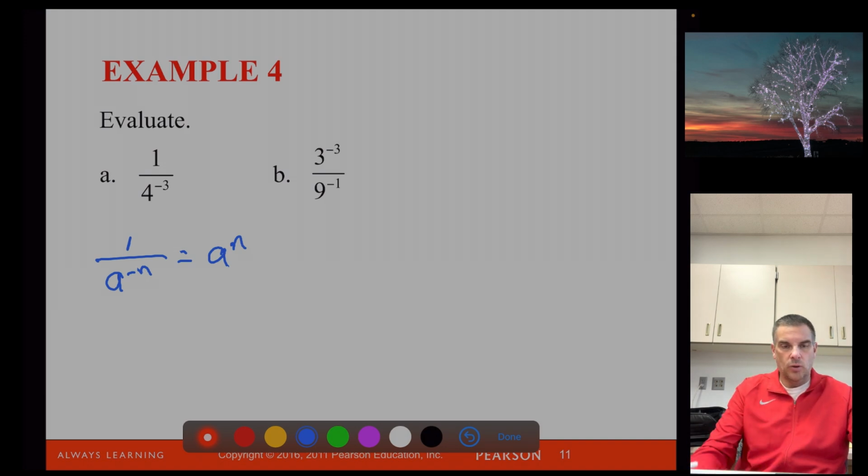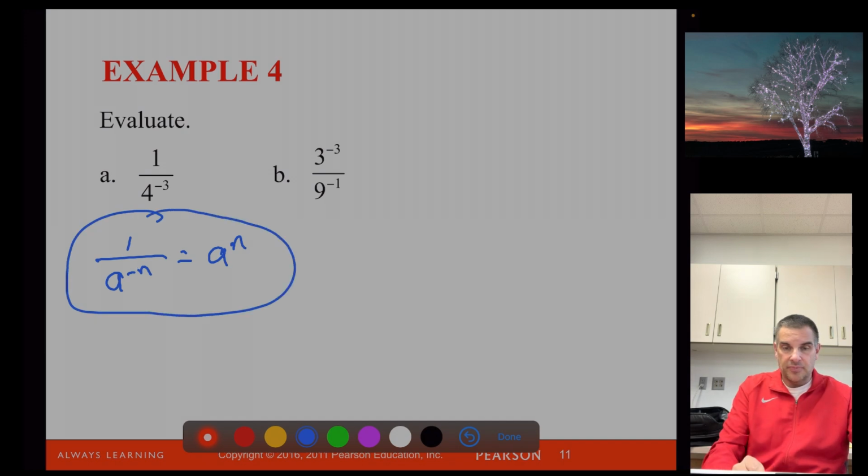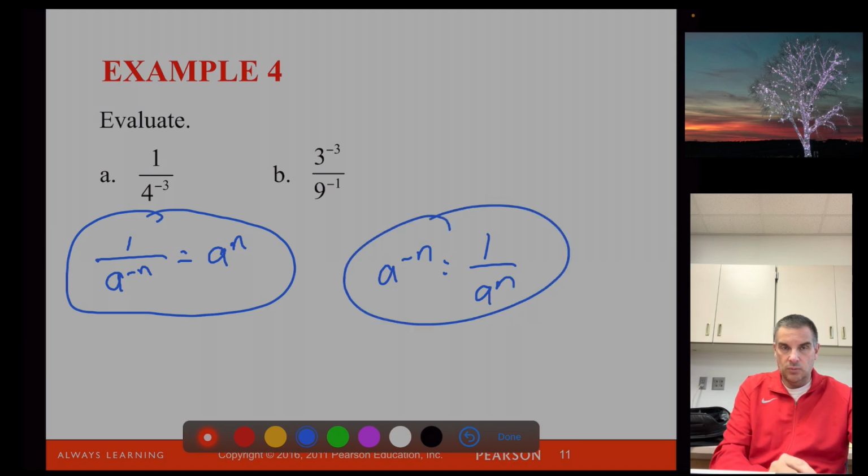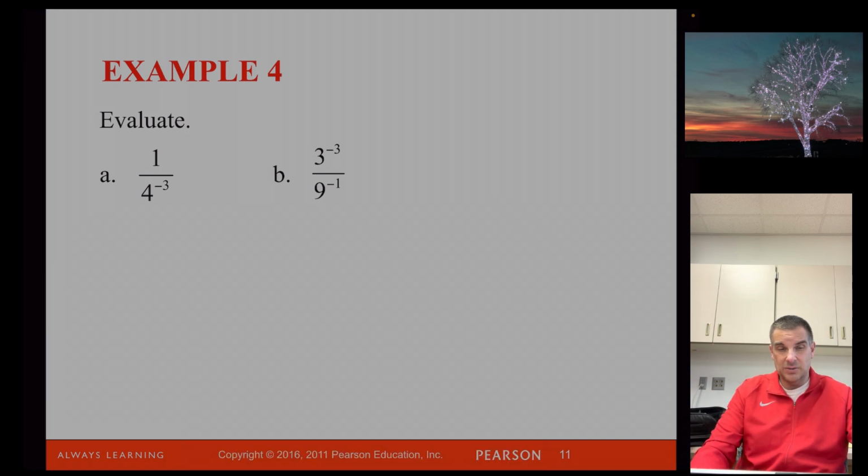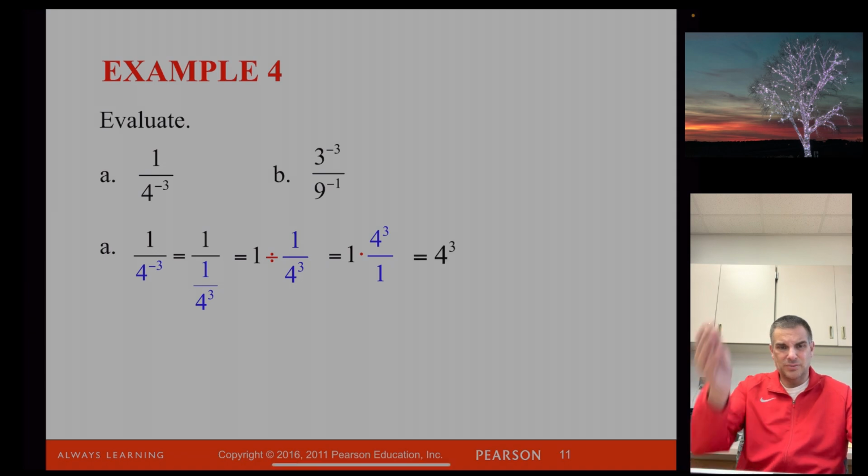So keep this in mind, just like a to the negative n is equal to 1 over a to the n, it goes the opposite direction as well. 1 over a to the negative n is equal to a to the n. Okay, so if we think about this one, this is really just 4 to the third. They did it a really complicated way, don't do that. It's just 4 to the third. Just move it up to the numerator and be done with it.